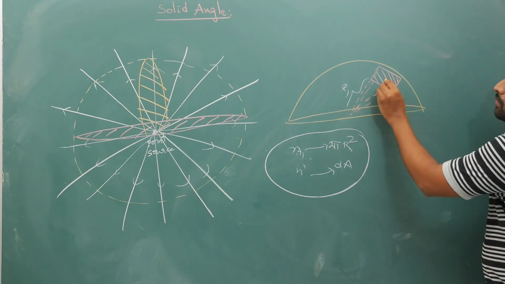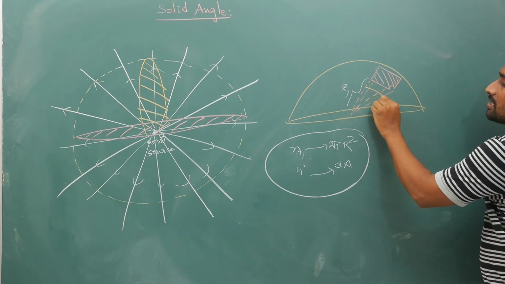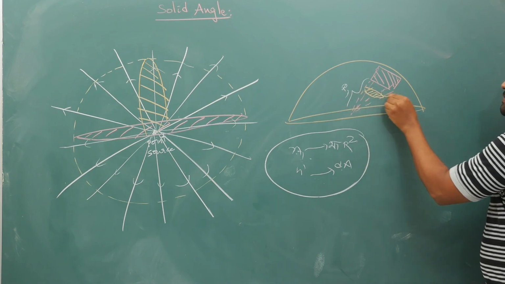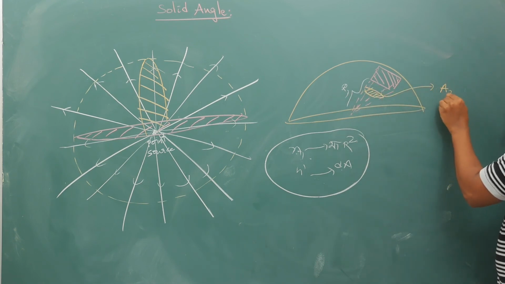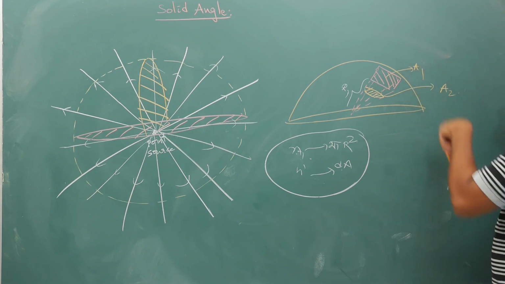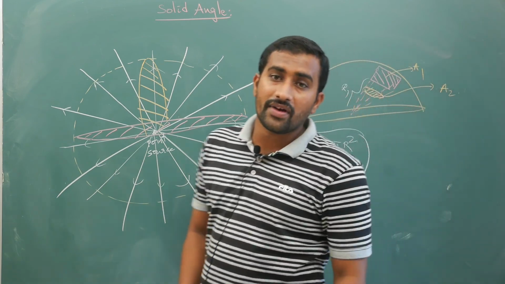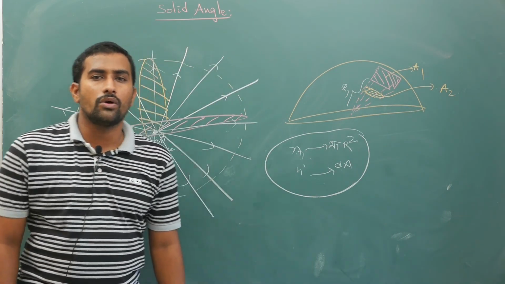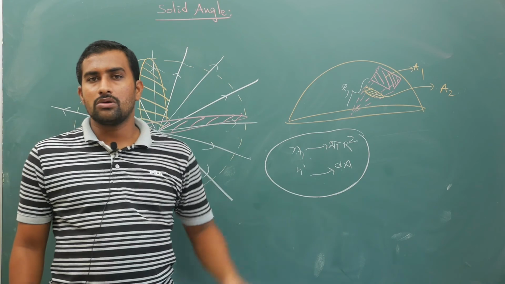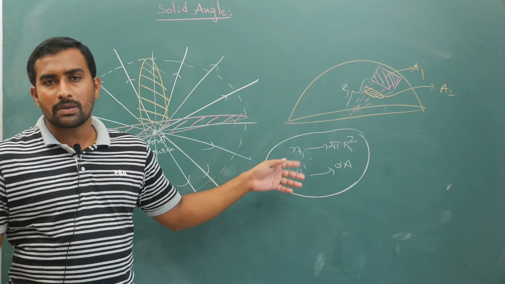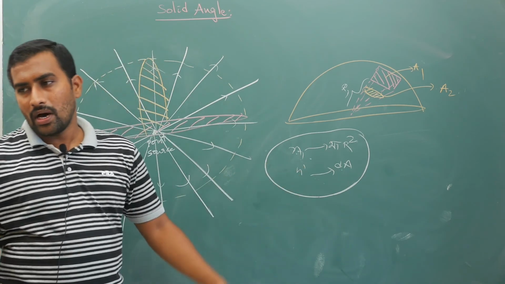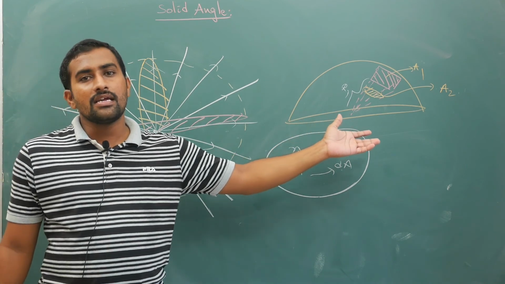Now instead of a patch here, let me take a small patch here, some other area A2, and let us say this is A1. Now across that A2, if I ask you how many field lines are going through, you will not be able to answer. Even this proportionality logic will not work for getting the number of field lines.